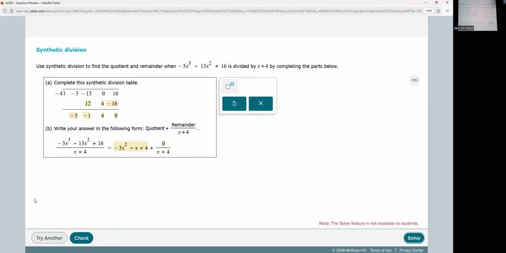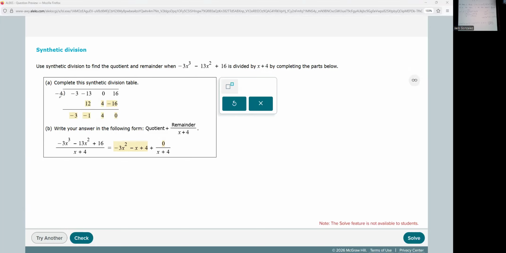Right, there they are. So again, from the top, you bring down the negative 3. You multiply these two together to get this one. Okay, so negative 4 times negative 3 is 12. So this came about. Negative 13 plus 12 is a negative 1. So this came.